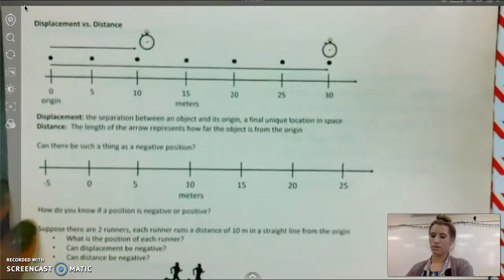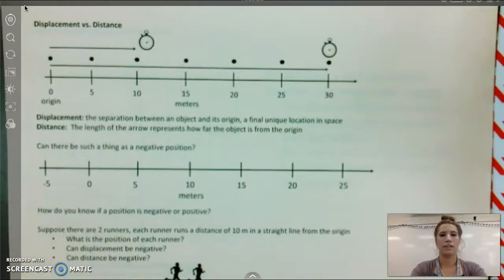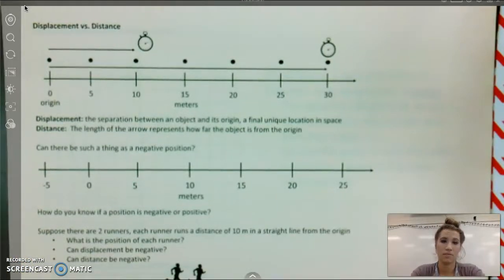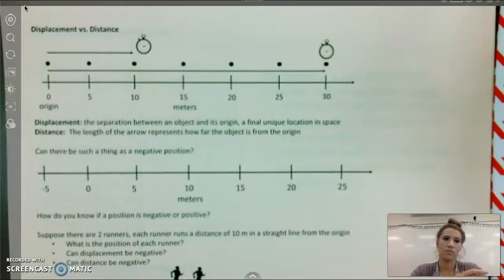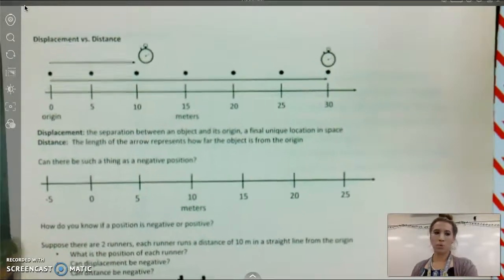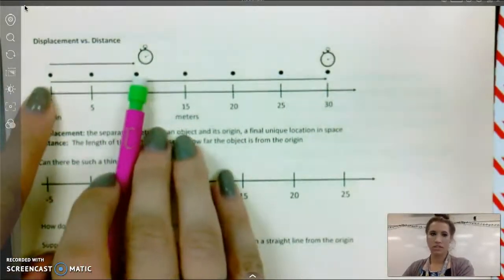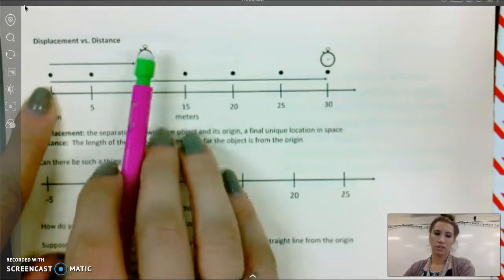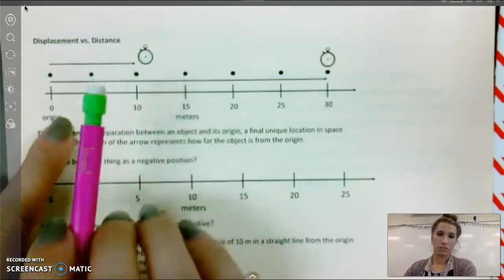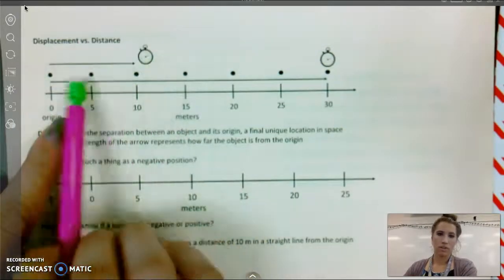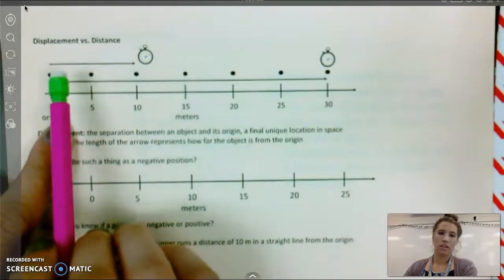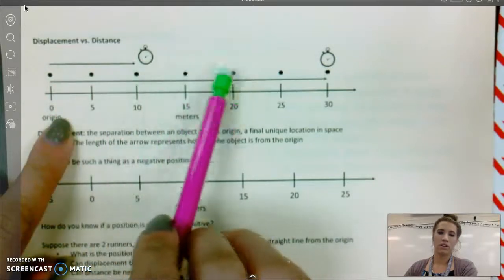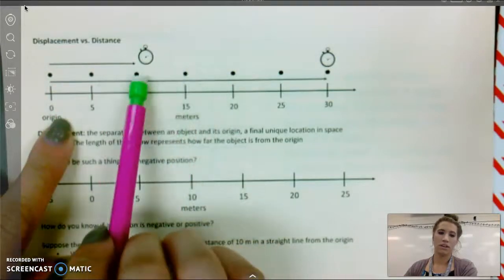Now let's talk about the difference between displacement and distance. Okay? Displacement is the distance between where the object is in the moment and the origin. Okay? So like maybe this object went over here and then it turned around and it ended here.